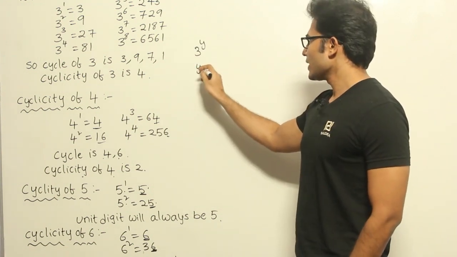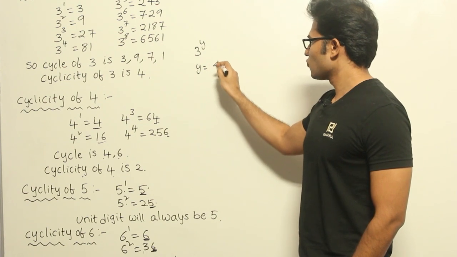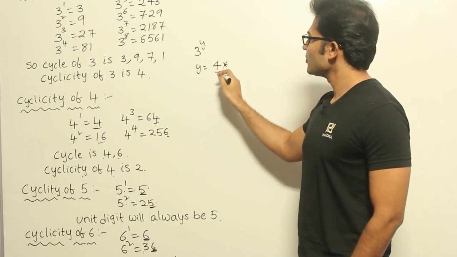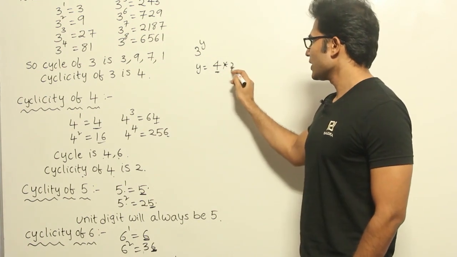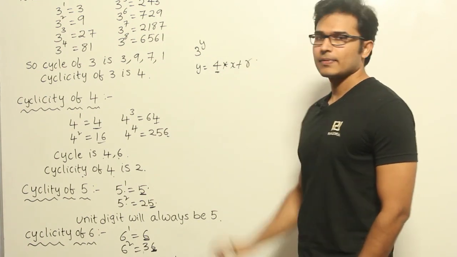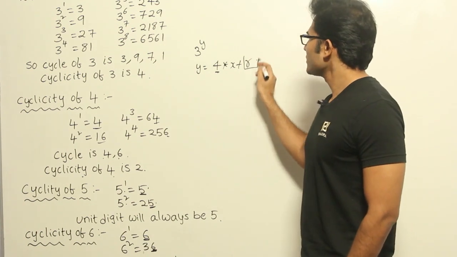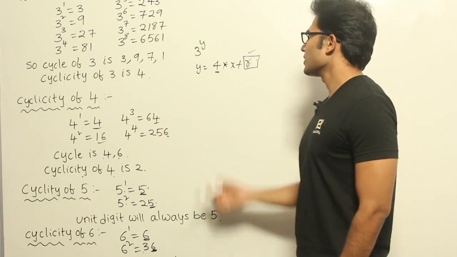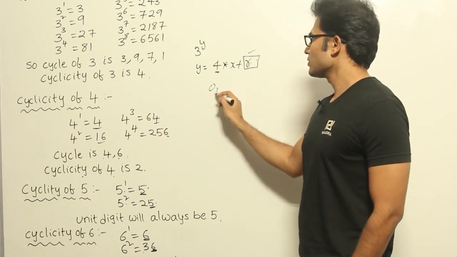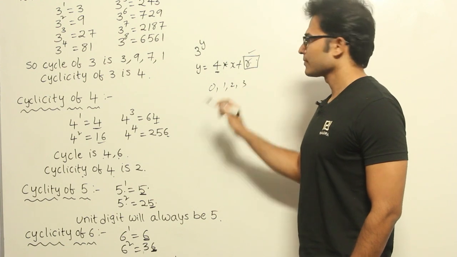Now you write y as 4 into x, why 4? Because 4 is the cyclicity of 3, right? So that is why 4 into x plus, let us say, some remainder. Now this remainder should be a small number, between 0 and 3: 0, 1, 2, 3, right?